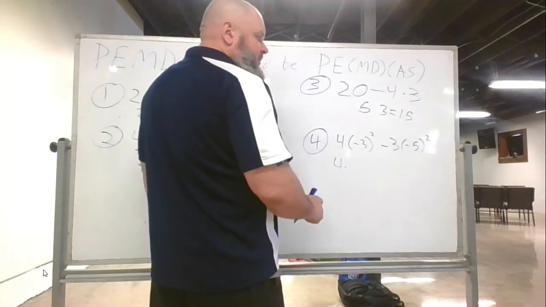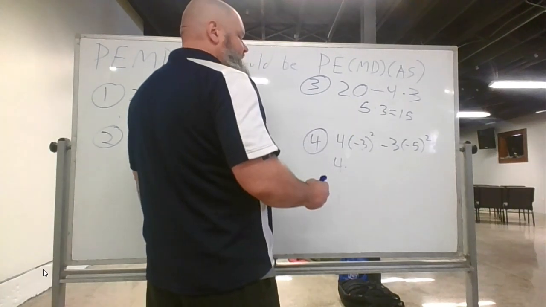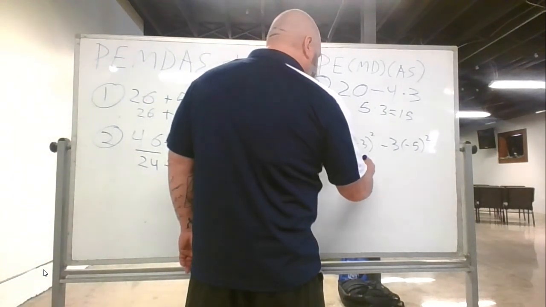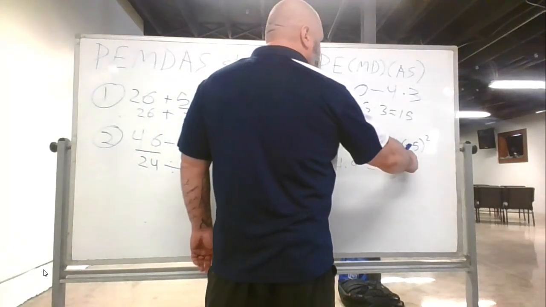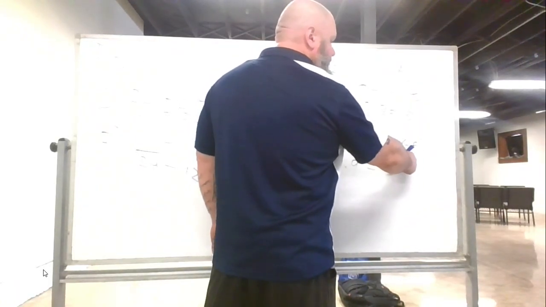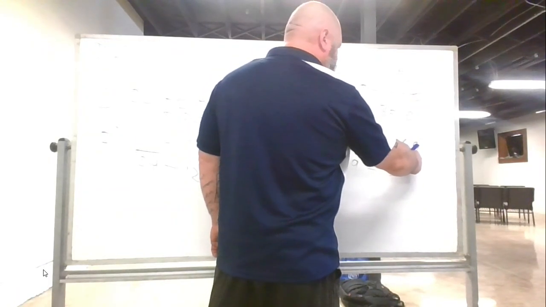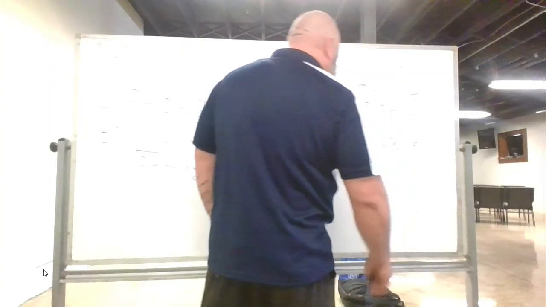And remember from earlier, negative 3 is in parentheses, so it's negative 3 times negative 3, which gives you a positive 9, minus 3 times the quantity negative 5 squared. Again, the negative 5 is in parentheses, so it's negative 5 times negative 5, which is 25.